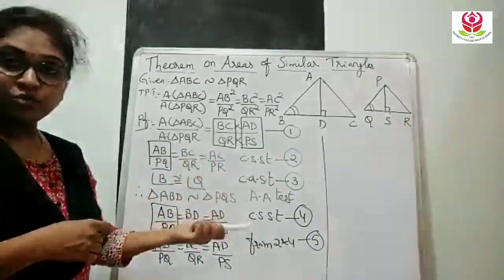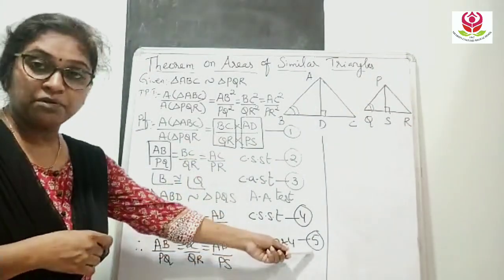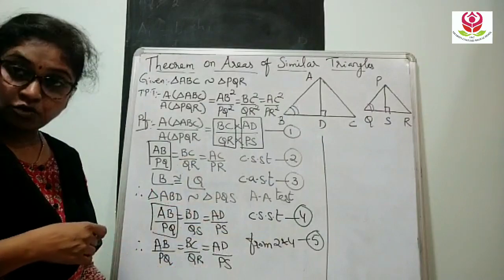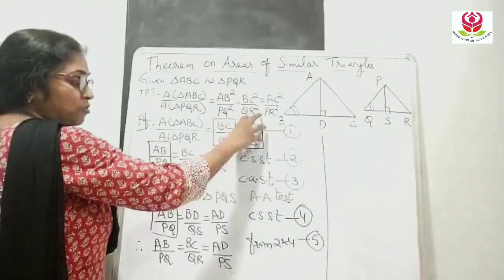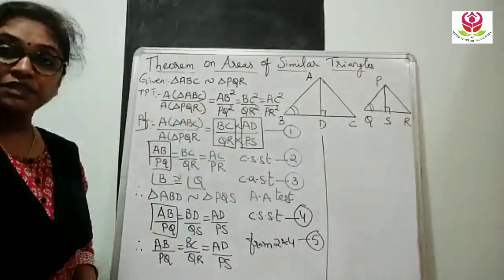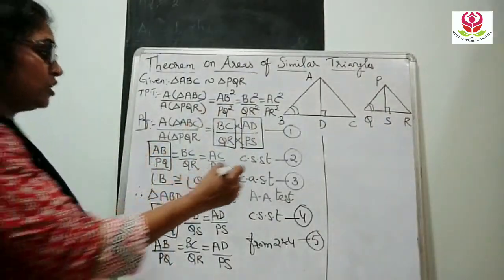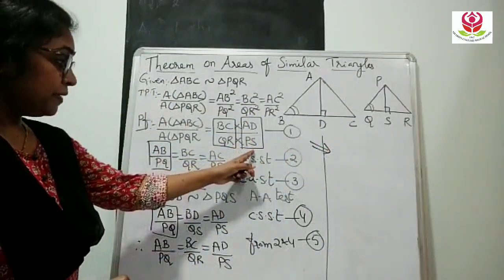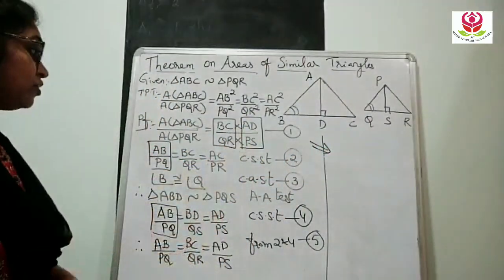So that is what we are going to do next. According to step number 5, BC upon QR and AD upon PS are equal to each other. So in equation 1, in place of AD upon PS, we will substitute BC upon QR.